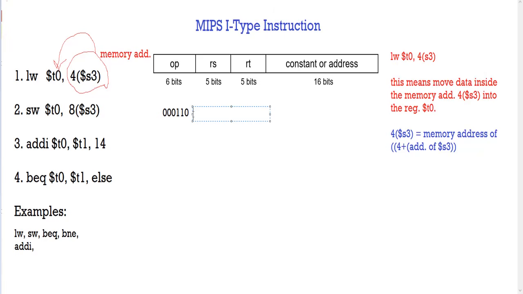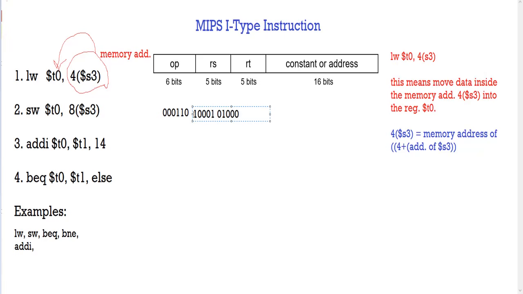Our source here is S3, and we know that S0 is represented by 16, so S3 is going to be represented by 19. Our binary representation of the number 19 is 1 0 0 1 1. Next we have our destination register, which is T0, and T0 is 8, so 0 1, then 3 zeros.